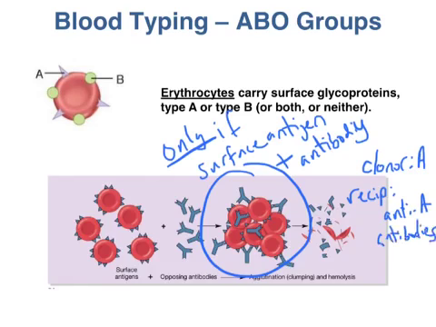All right? If the donor is type B, it's only going to happen if the recipient has anti-B antibodies. You have to have both surface antigen and the antibody in order to get this nasty transfusion reaction. Nasty, big transfusion reaction.